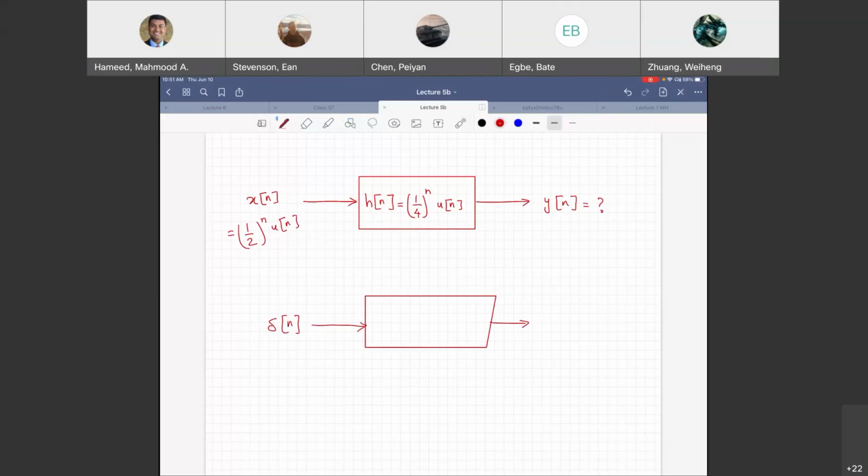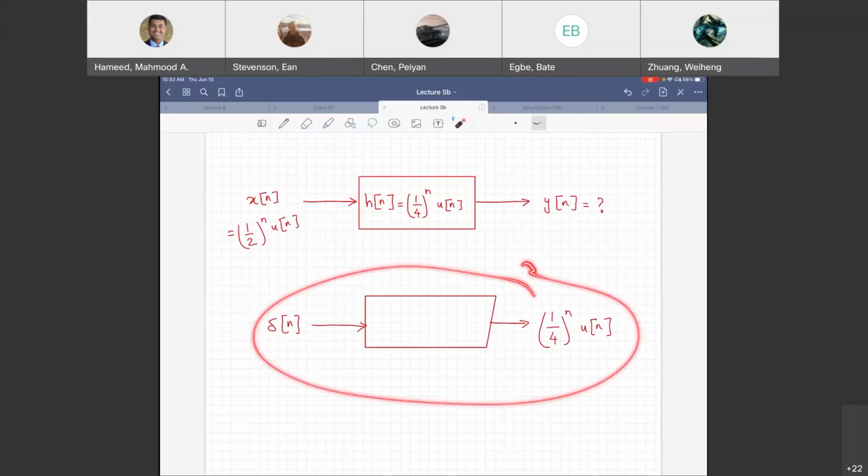For this same system, what is the output here? That's it. It is h of n. Input, impulse response, right? So this is the way we have characterized the system.